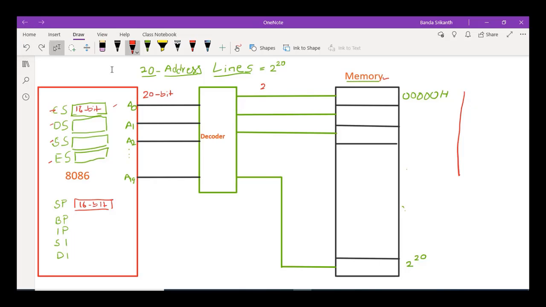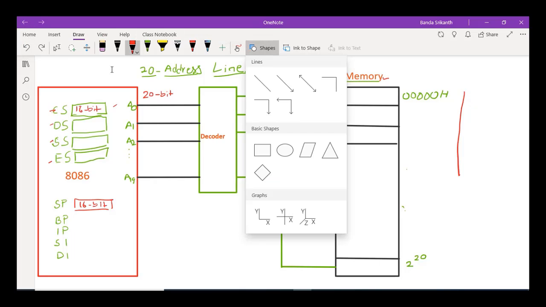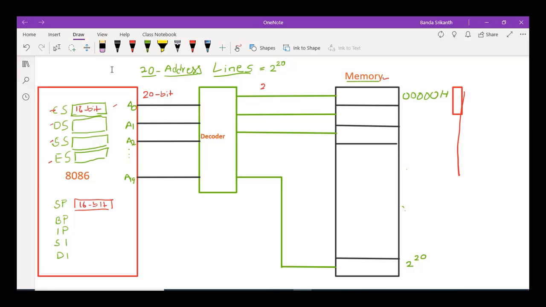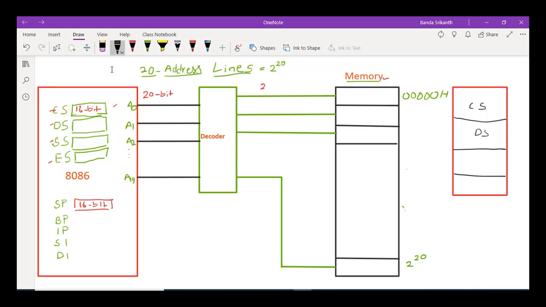Our memory will be categorized into 4 parts: a code segment part, a data segment part, a stack segment part, and an extra segment part.